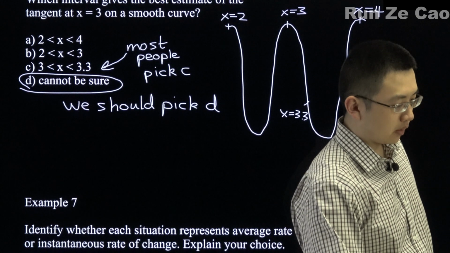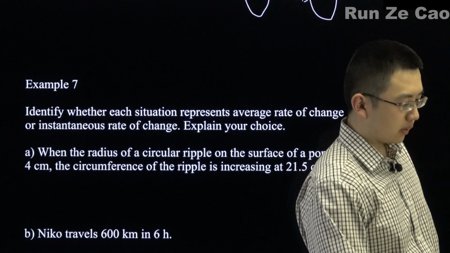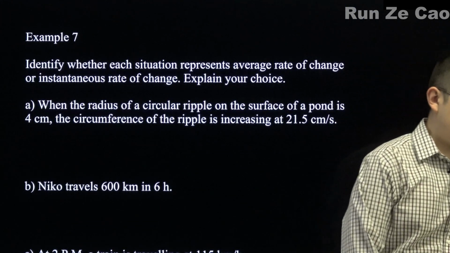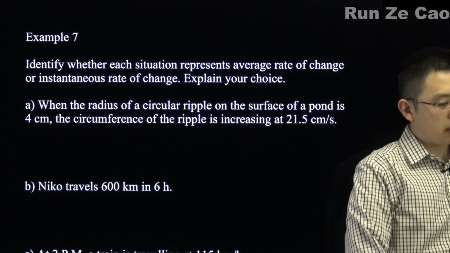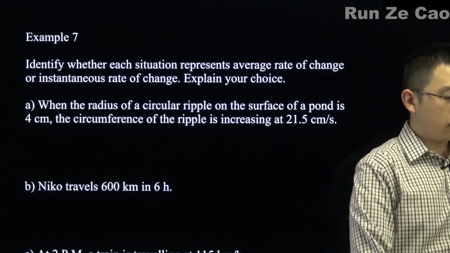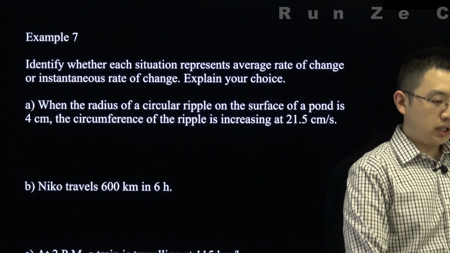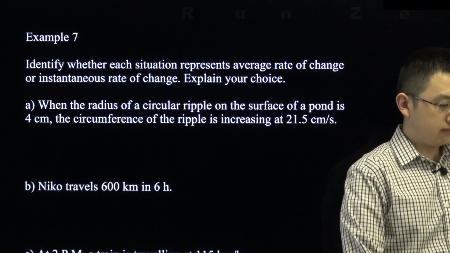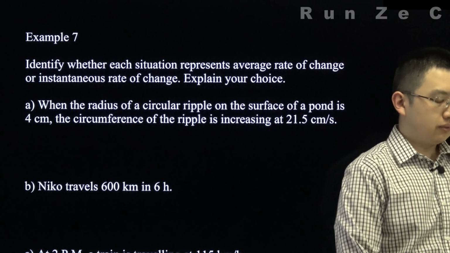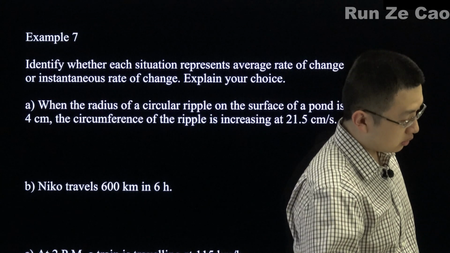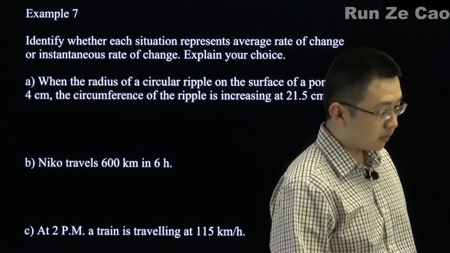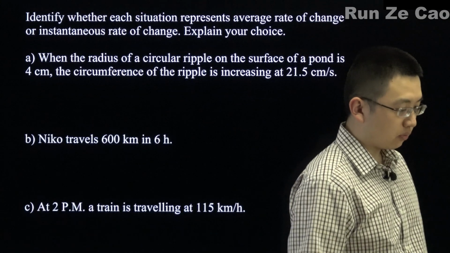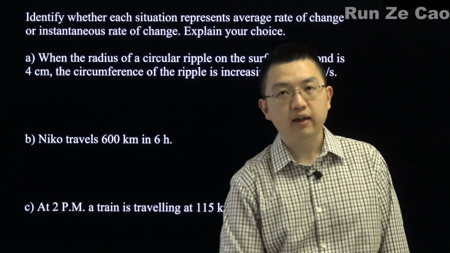So example 7. Identify whether each situation represents average rate of change or instantaneous rate of change. Explain your choice. Now, when the radius of a circular ripple is 4 centimeters, the circumference is increasing at 21.5 centimeters per second.